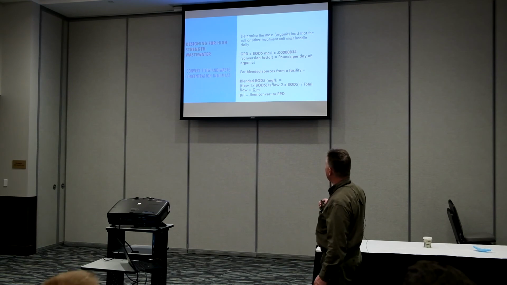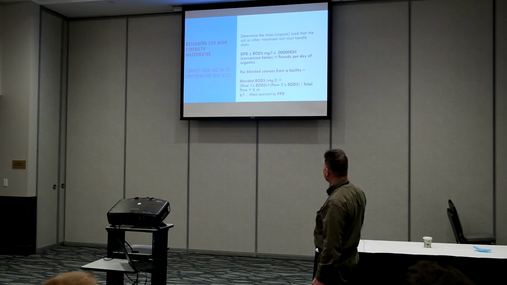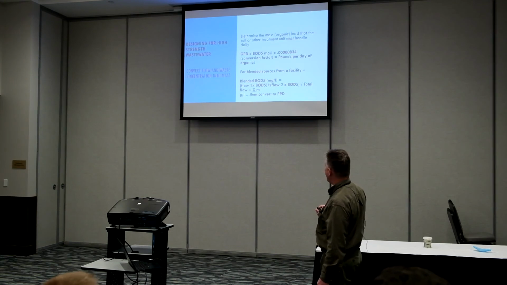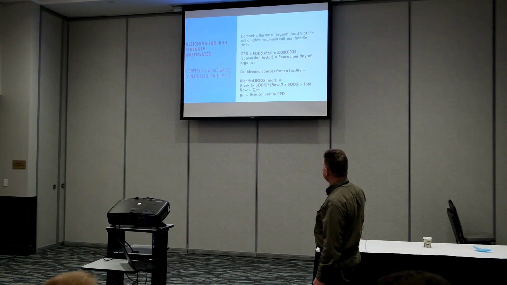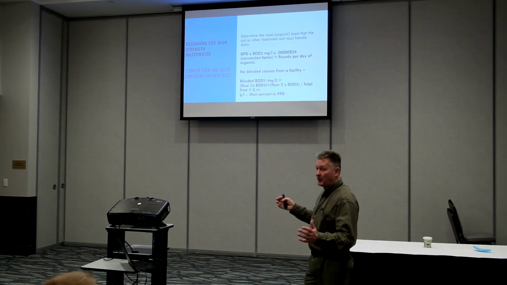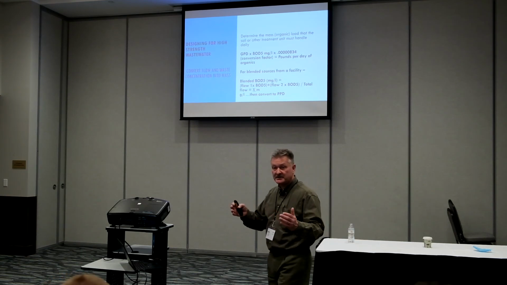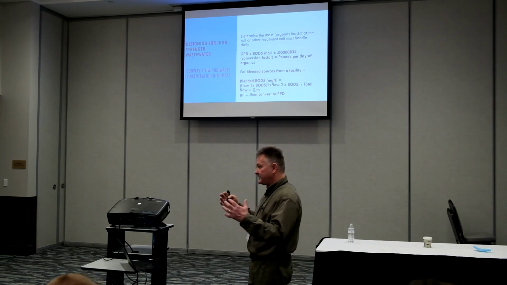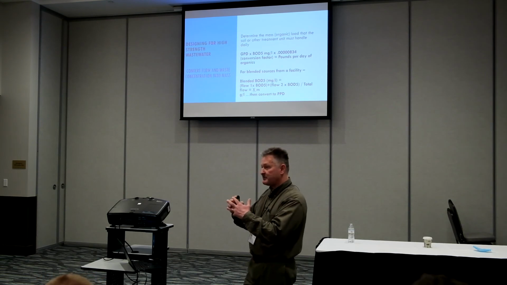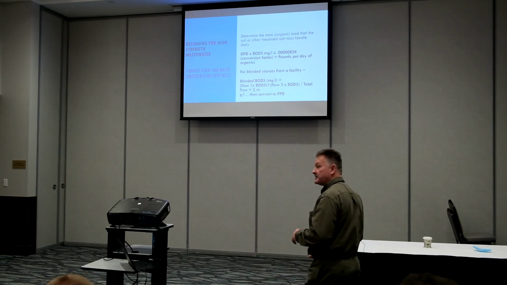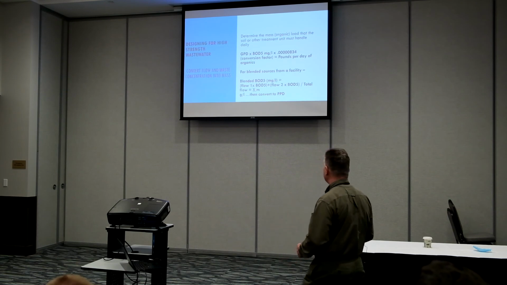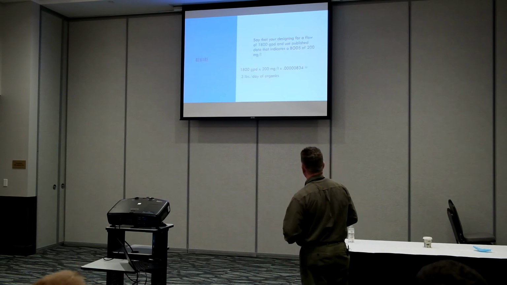So it's a very simple calculation: gallons per day, concentration of our BOD or organics, and the conversion factor, and that produces pounds per day. I won't get into it to save time, but if we have multiple sources, for instance from that grocery store, we need to commingle the milligrams per liter, a very simple calculation, and then we can produce a pounds per day that we need to treat.